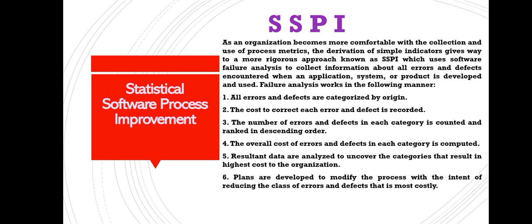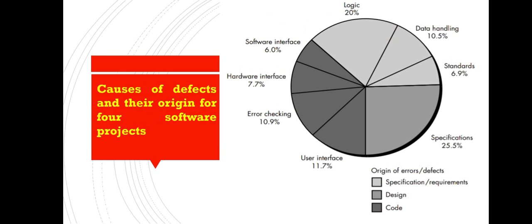Whenever a project is being developed, plans are also developed related to that project in order to modify the process in such a way that the number of errors and defects that are most costly is reduced in further development of the project. These are the concepts related to SSPI.